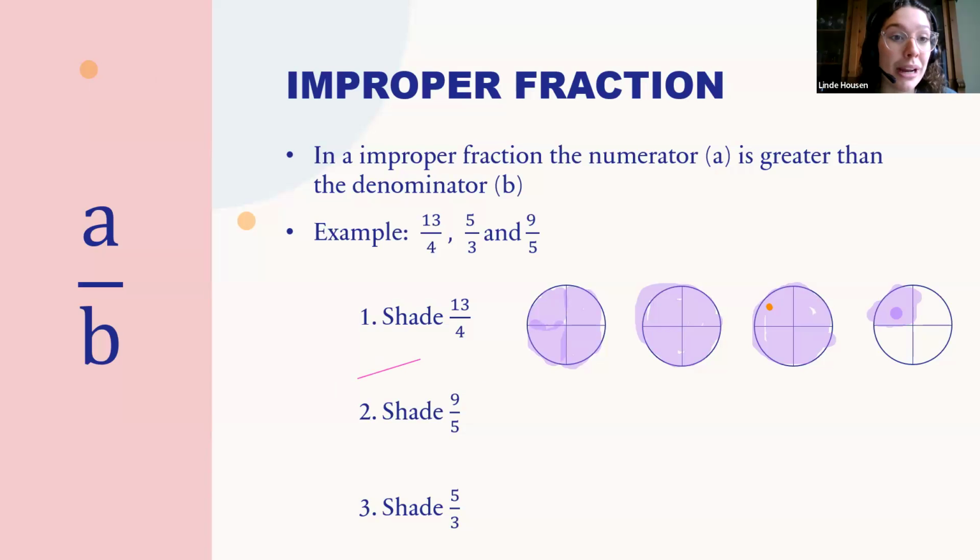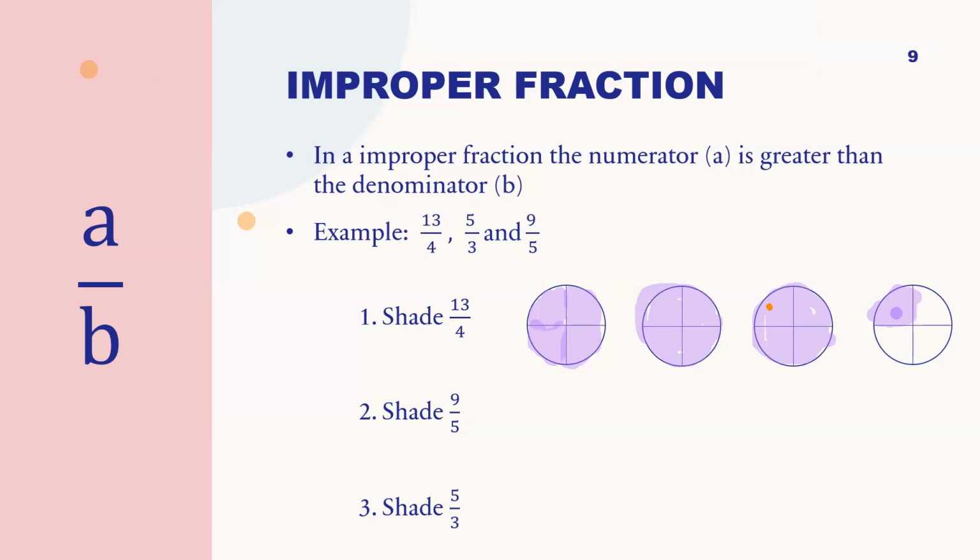So we had a pie, and why did we divide the pie in 4 pieces? Pardon?